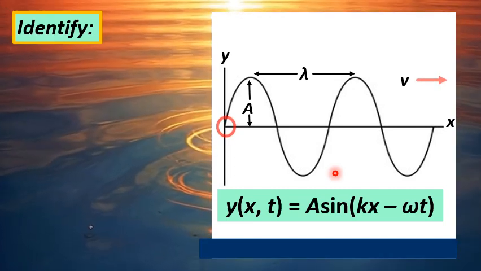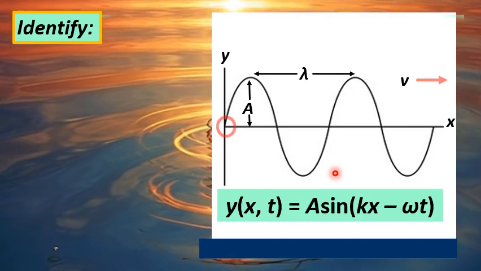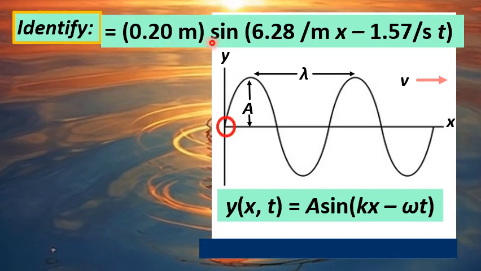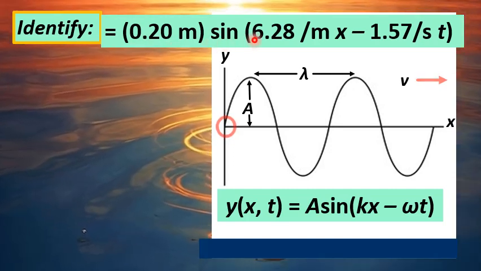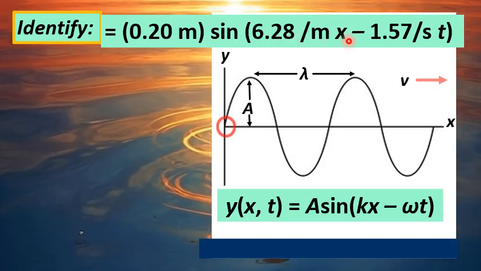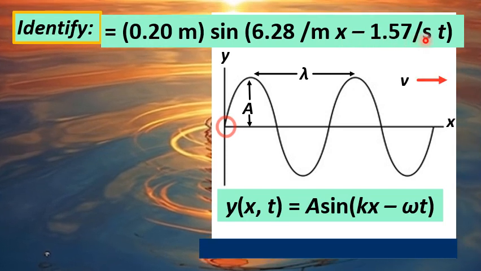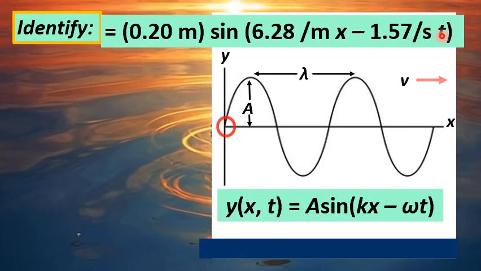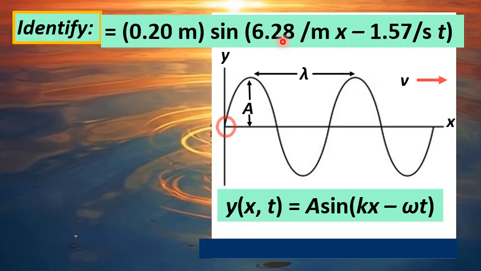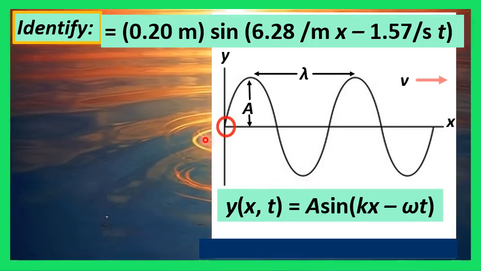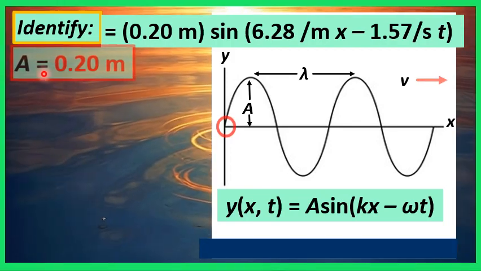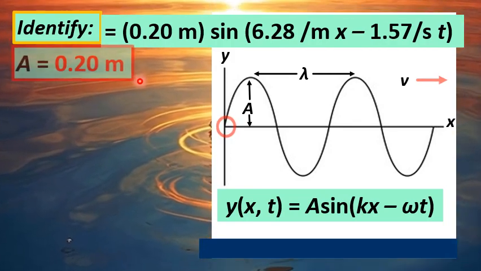So in the problem, we are given the wave function equal to 0.20 meters multiplied by sine of 6.28 per meter times x minus 1.57 per second times the time t. Based on this wave function equation, the amplitude of the wave is understood to be equal to 0.20 meters.